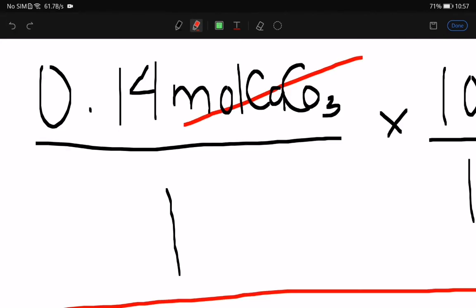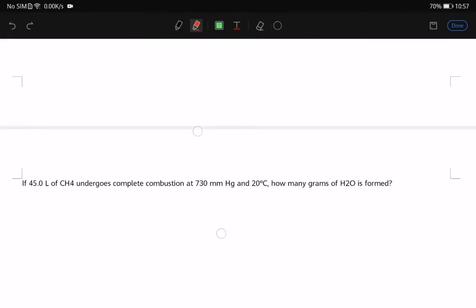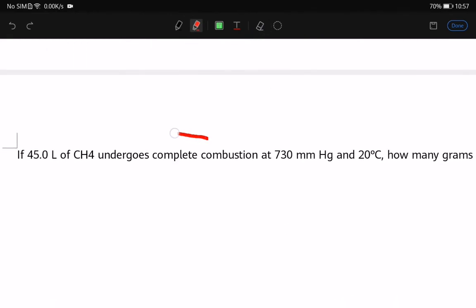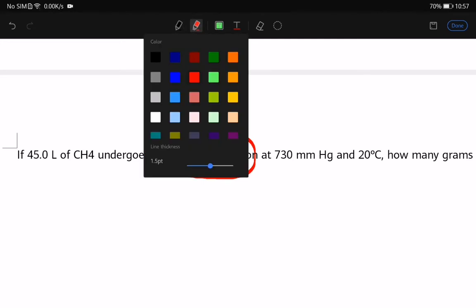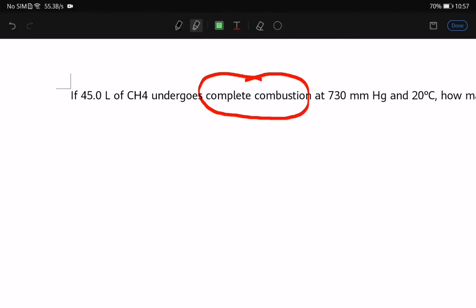My apologies. Nakita natin tong complete combustion. What is the equation for complete combustion? So, if I recall correctly, ano yan? We have, ilagay natin yung skeleton equation.